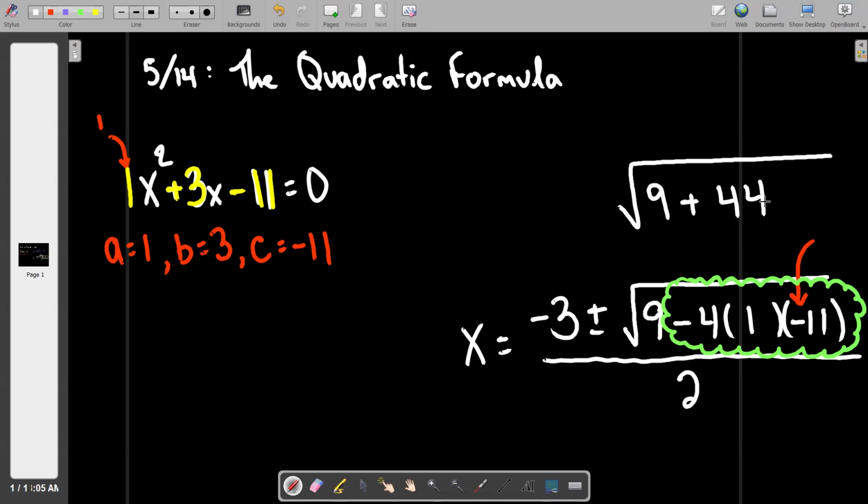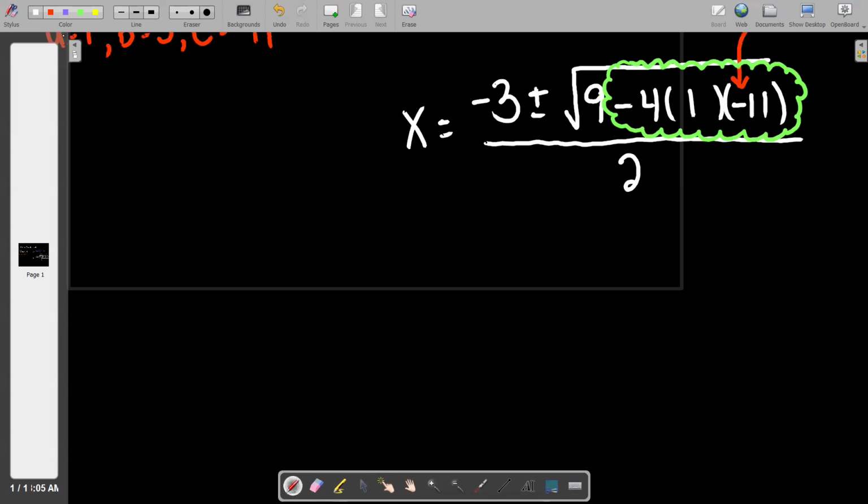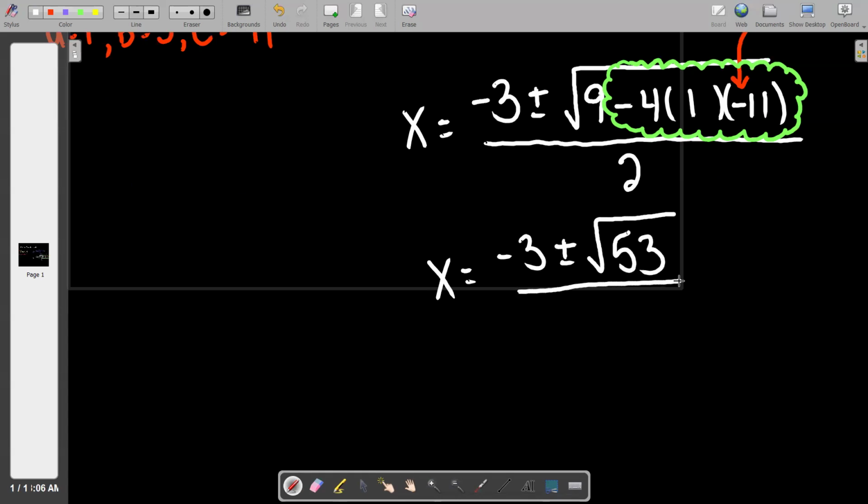What is 9 plus 44? Good. So this transitions us to the next step in the process, where we have three things that can happen. I've structured this lesson very much on purpose so that we keep getting samplers of different things that can happen. You're about to see scenario number one. So we're going to say x equals -3 plus or minus the square root of 53 all over 2.